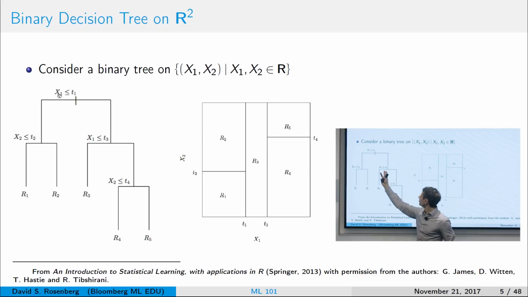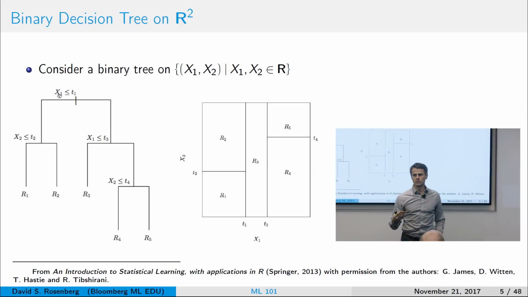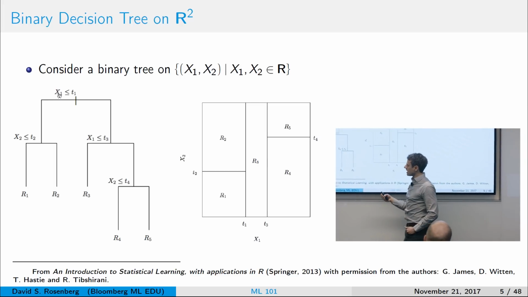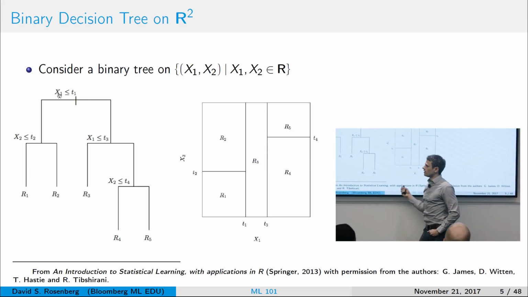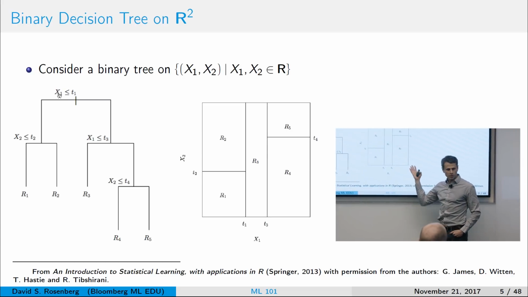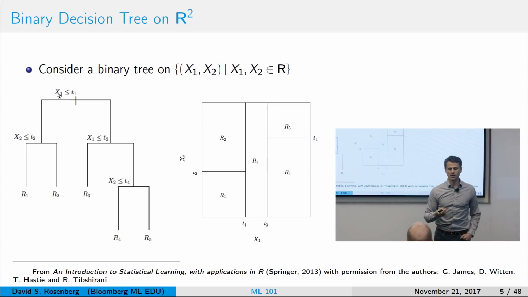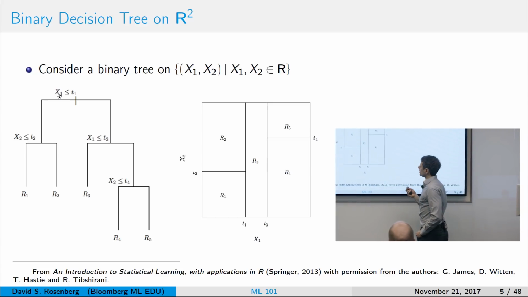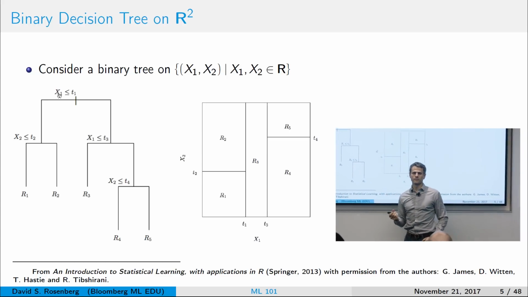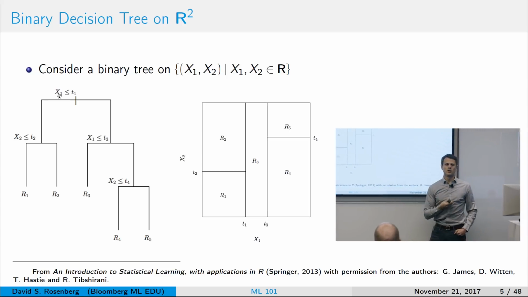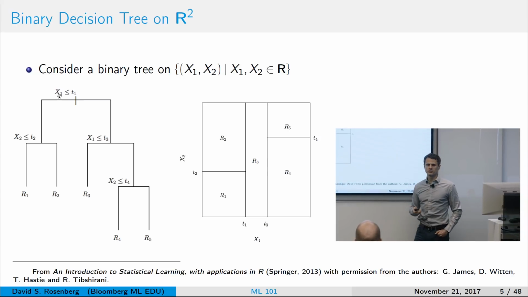We went right again, so x1 must be greater than t3. Then we went left, so x2 must be less than or equal to t4. These are conditions on x1 and x2 that describe any element that ends up in R4 when it's fed down the tree. And so what we have on the right is the partition of input space, x, into regions, each region of which corresponds to a leaf node, a terminal node of the tree. All right? So we think about a tree as partitioning our input space.